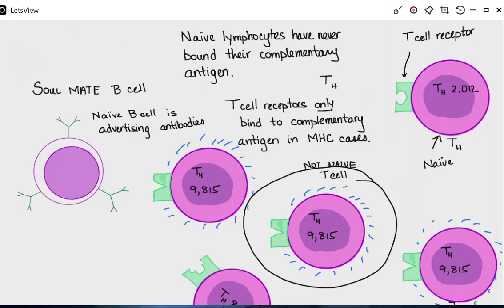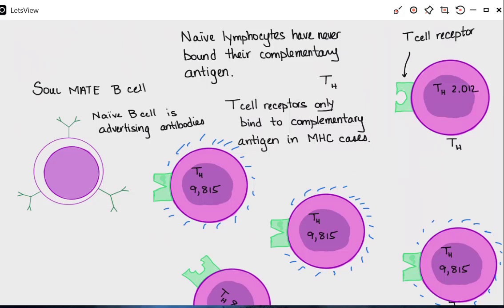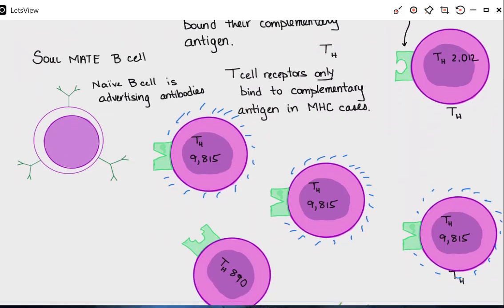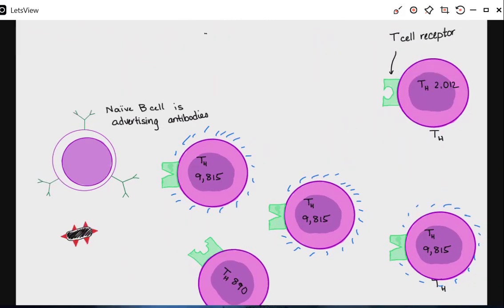Okay, so going back to our naive B cell, a naive B cell cannot be activated. It cannot go through clonal selection. Instead, the naive B cell must have seen the antigen itself. So how does this work? If you truly have an infection, then some of these pathogens also get sucked up into the lymphatic system.